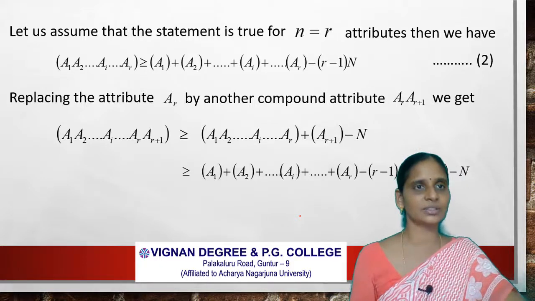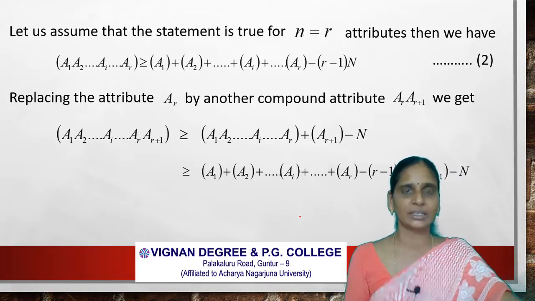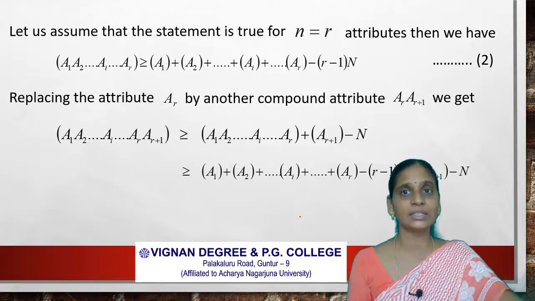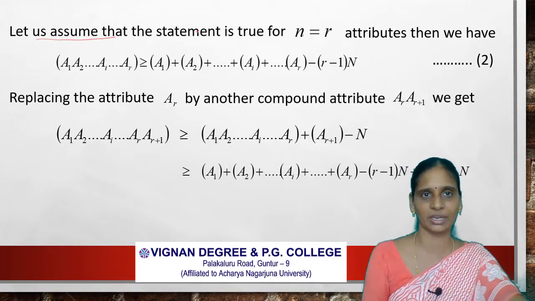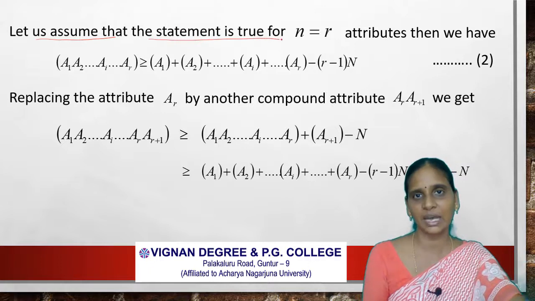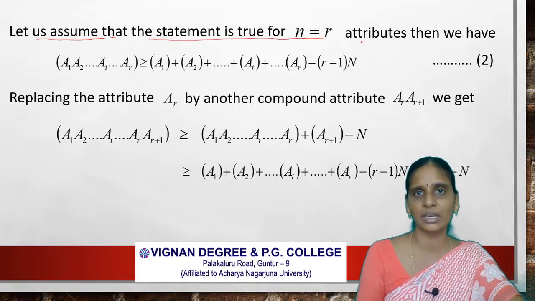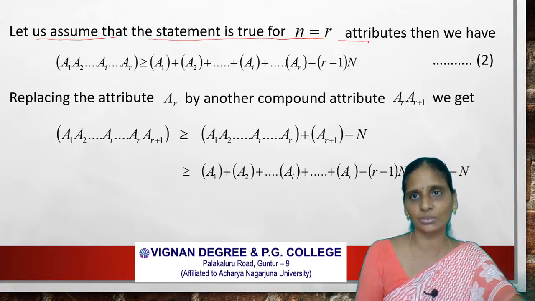And in the next step, we have to assume that the statement is true for n is equal to r attributes. Here we assume the condition that for n is equal to r attributes, the statement is true.